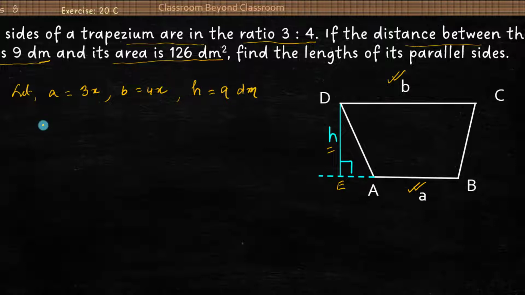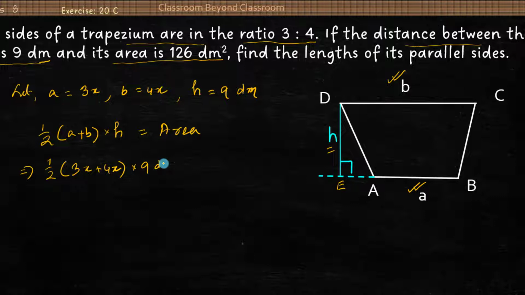decimeter. So half of a plus b multiplied by h is equal to the area of the trapezium. Therefore half of 3x plus 4x multiplied by 9 decimeter is equal to, area is given, 126.